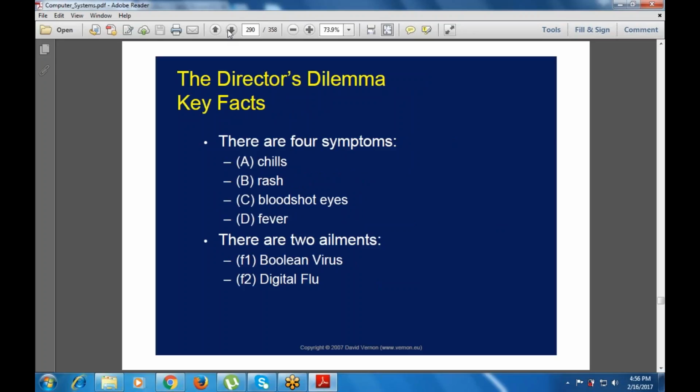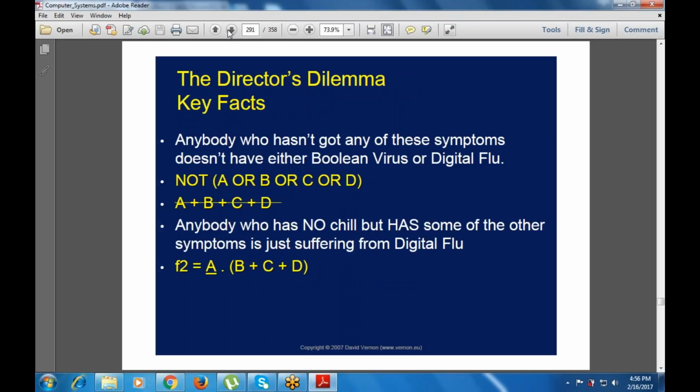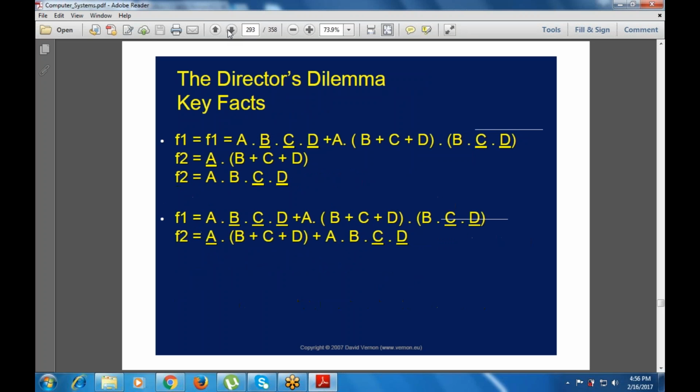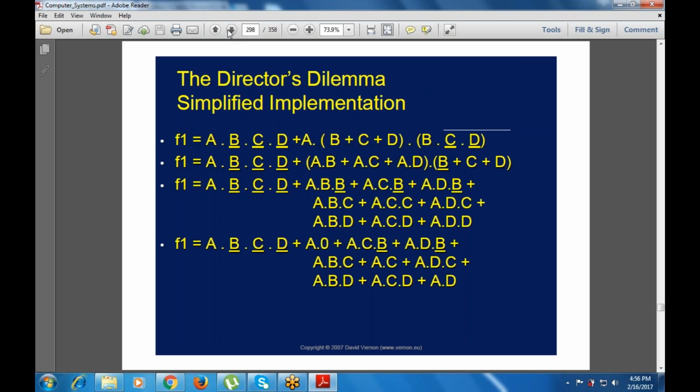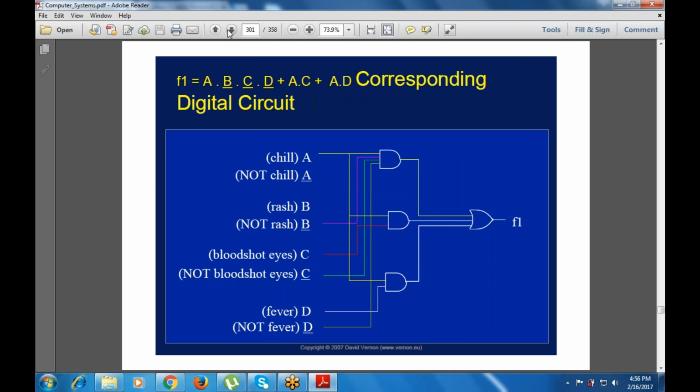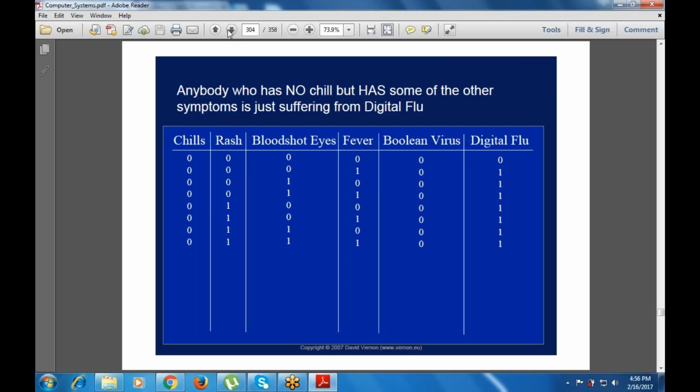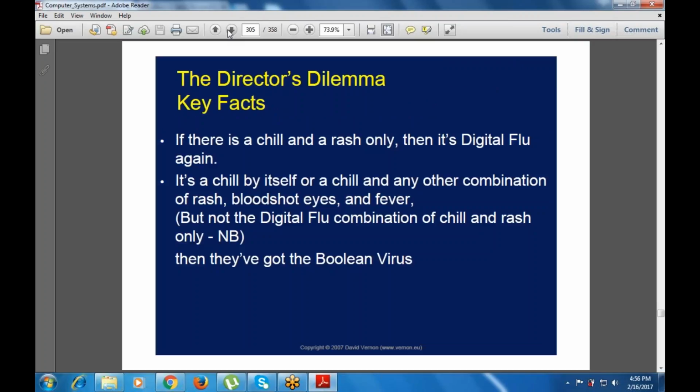And the director's dilemma key facts, there are 4 symptoms. And if there is a chill and a rash only, then it is a digital flu again.